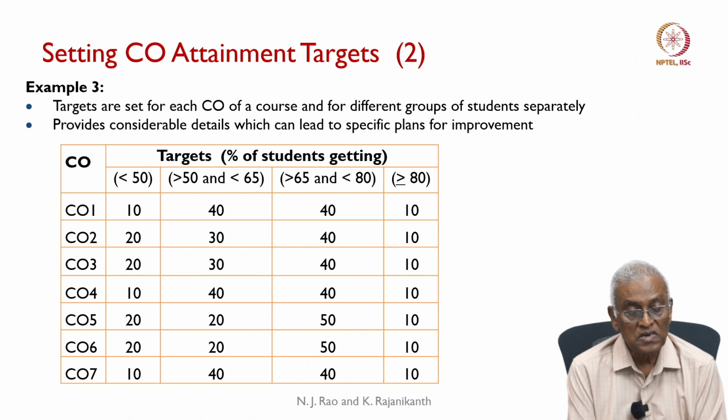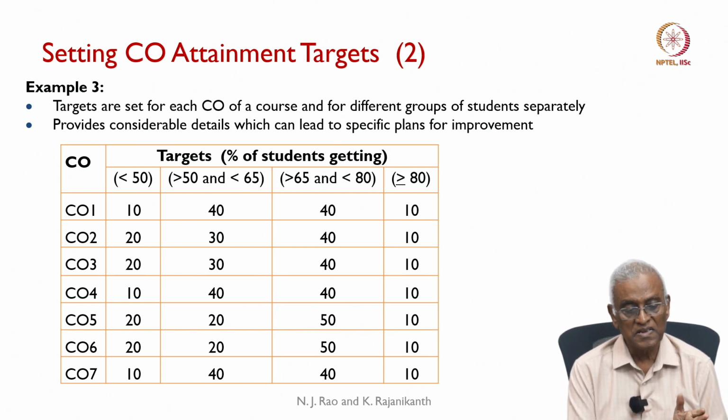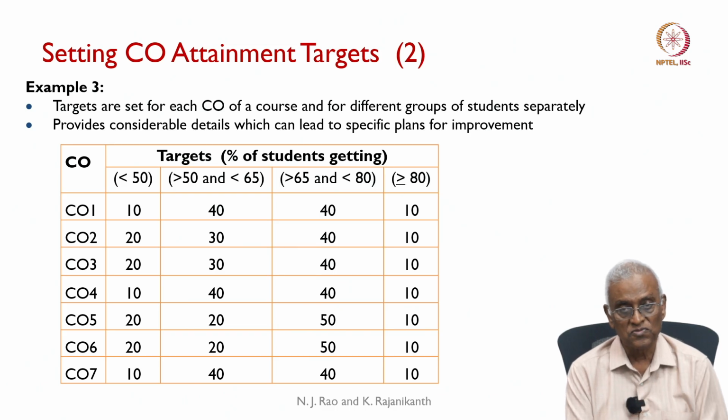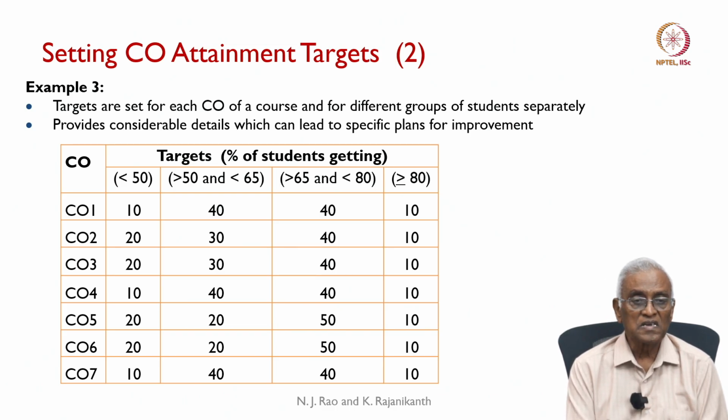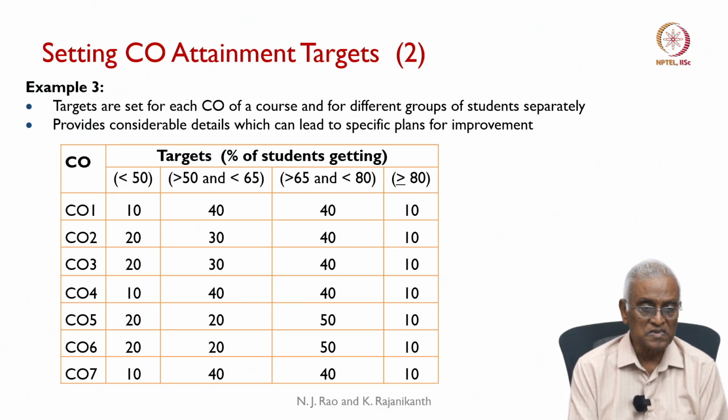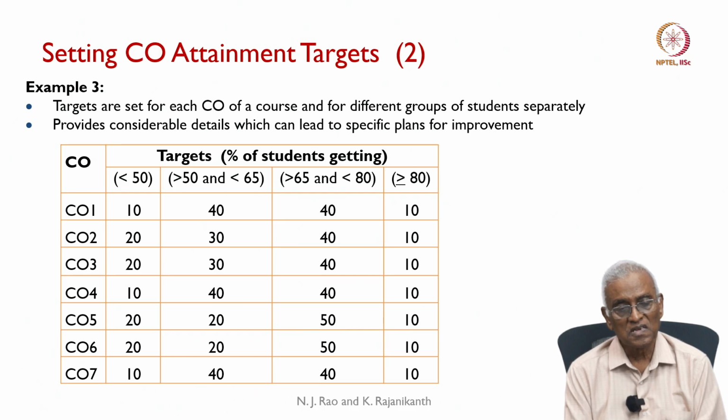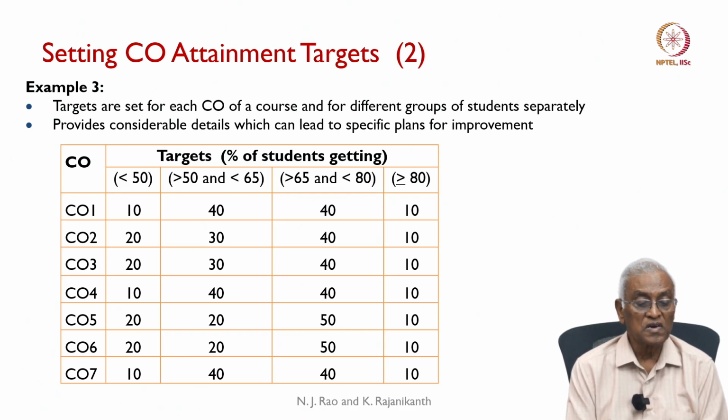Then the other one is where I combine. In addition to the second category of percentage marks and percentages of students, I consider that each CO is somewhat different, either in terms of difficulty or complexity. So I take each CO, and in this sample course we have 7 COs.